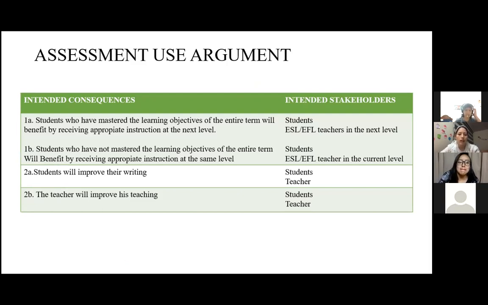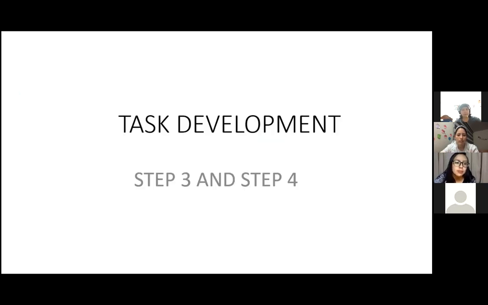The second one, the intended stakeholders, which are the people benefited from each one of the consequences. Up next, my partner will go deeper in the explanation. Thank you very much.